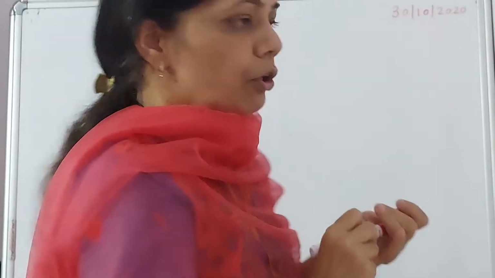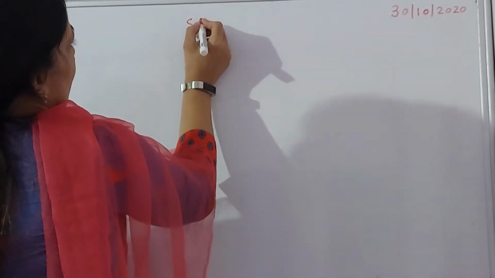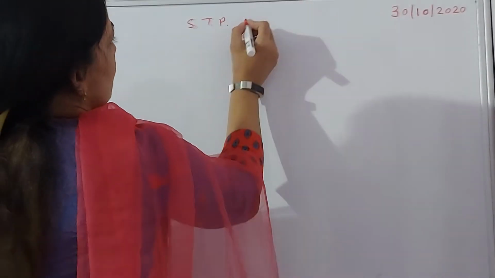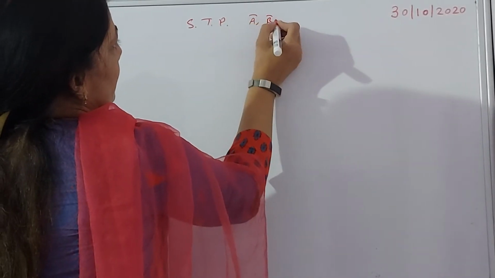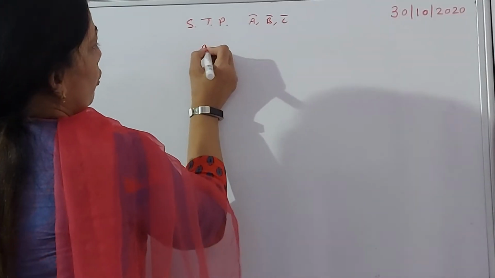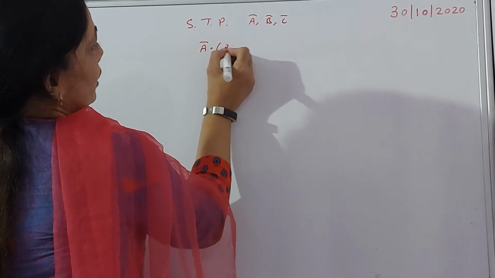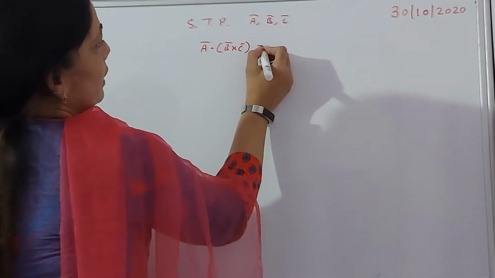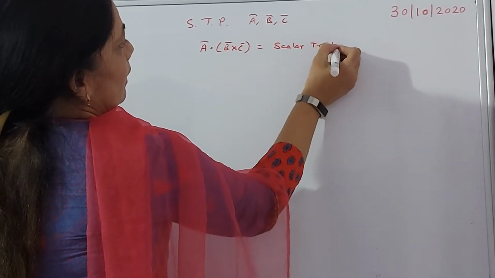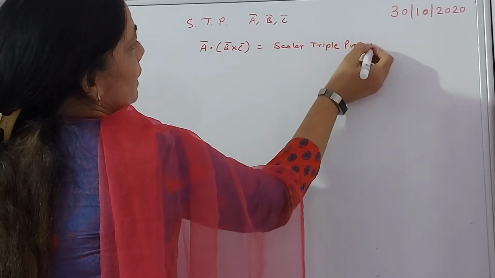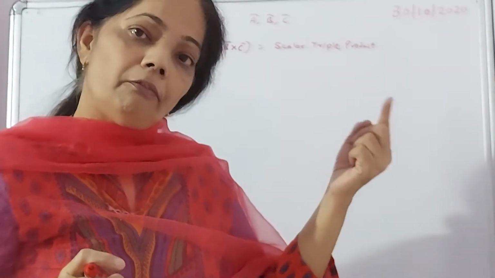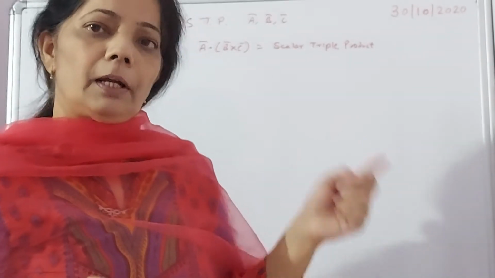So in the STP, what did we have? The scalar triple product. We had three vectors. Which three vectors? Vector A, vector B and vector C. So what we said was, the dot product of one vector with the cross product of the other two vectors gave me the scalar triple product, which means the product of these three vectors was a scalar, that's why scalar triple product.